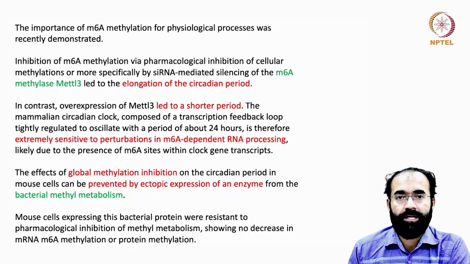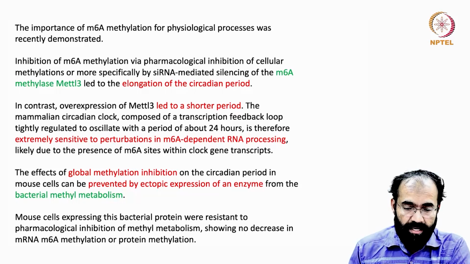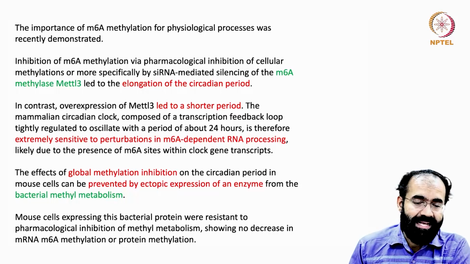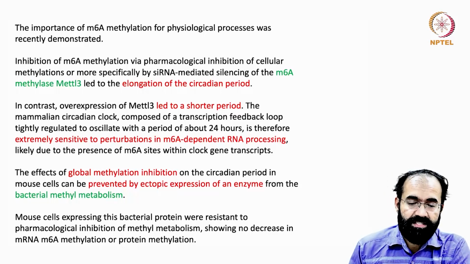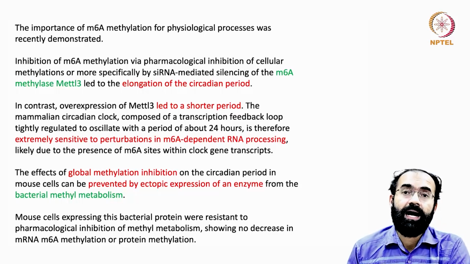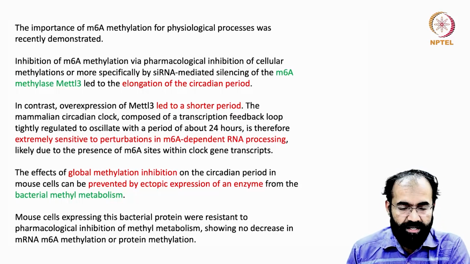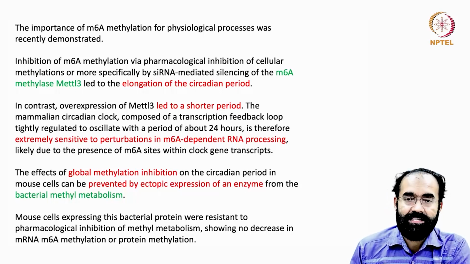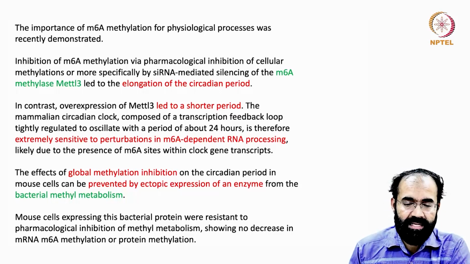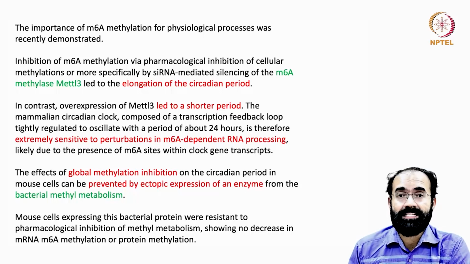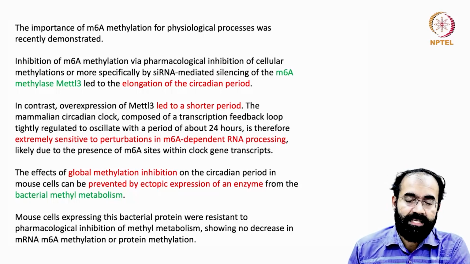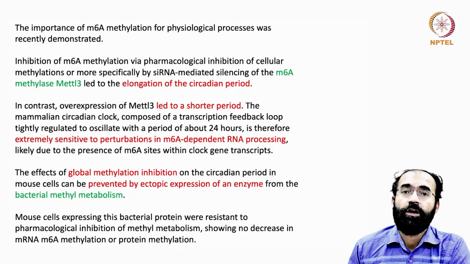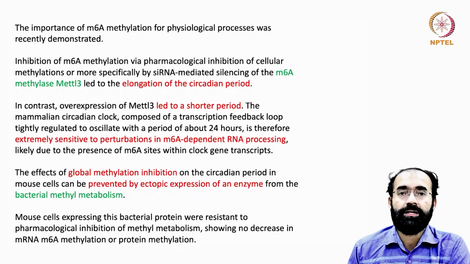We all know that humans live in a day of 24 hours. It is the time taken for completing one day. It is therefore extremely sensitive to perturbations in M6A-dependent RNA processing. So the downregulation or overexpression of these methylases does exactly as predicted: it will screw up the circadian rhythm. The downregulation of methylases prolongs your circadian rhythm, and overexpression of methylases reduces it.